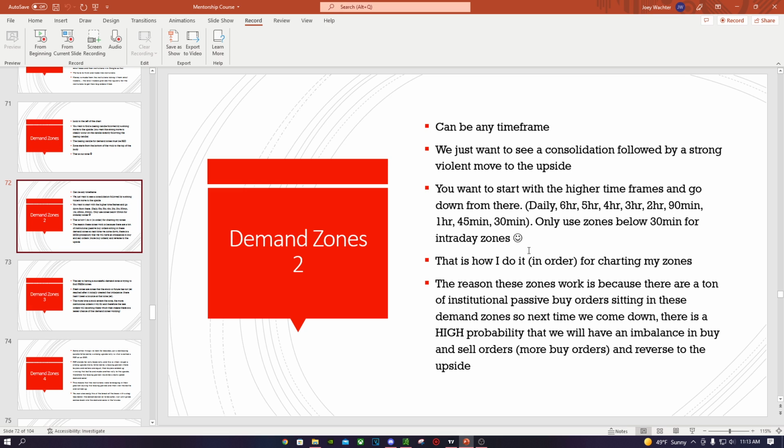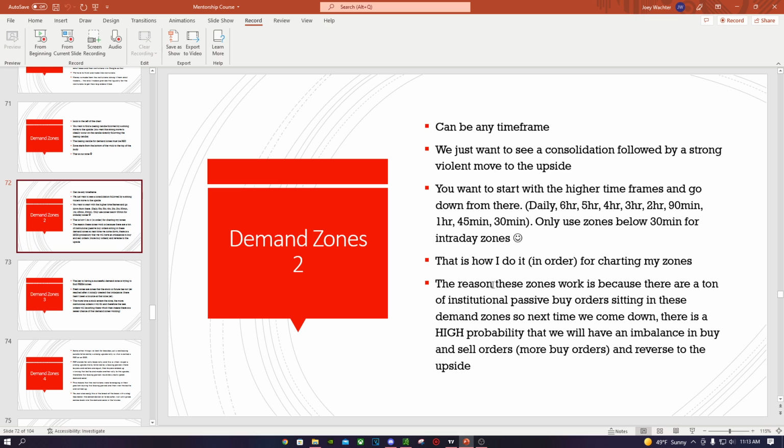And then you only use zones below 30 minute for intraday zones. You don't want to be looking at a 15-minute chart to find zones from like a week ago. It's too small of a time frame and it's not going to be the highest quality setup. This is how I do it. You can really look at any time frame you want, but just start high and go low.